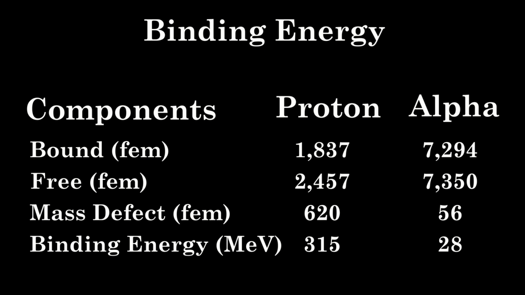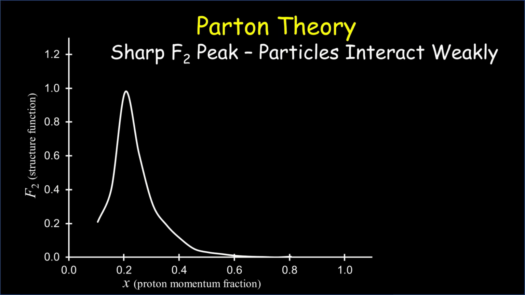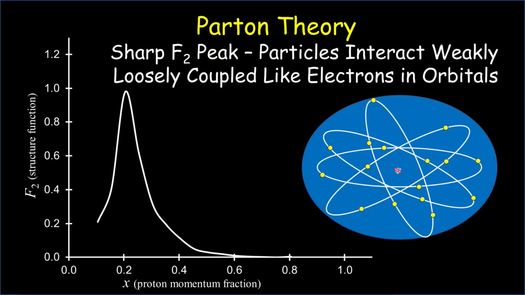On the other hand, parton theory says that F2 curve peaks that are sharp and near 1 indicate the particles represented by the curve do not interact strongly. They are likely configured in orbitals like the electrons of an atom and consequently never come in contact with each other.